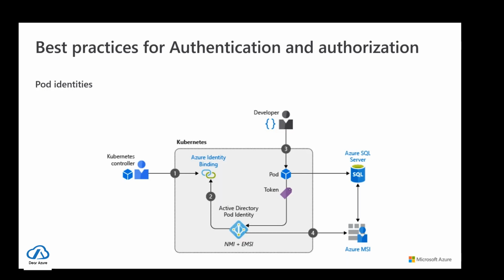So the cluster first creates a service account that can be used to map the identities when the pod requests access to the service, and then the node management identity server and the managed identity controller, which are deployed and rely on the cluster itself, basically accept this request and process the request for each pod.